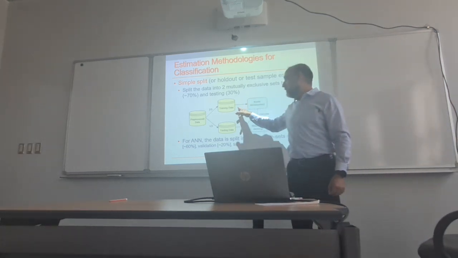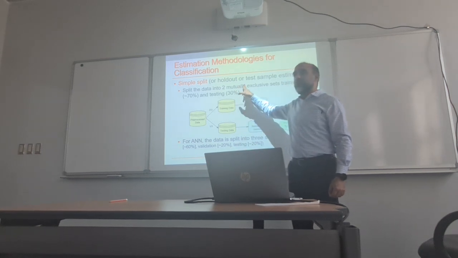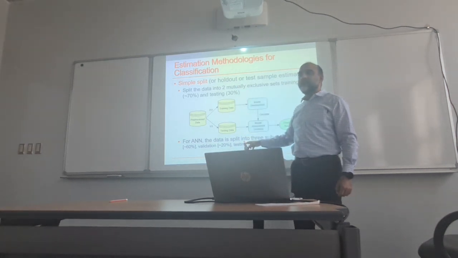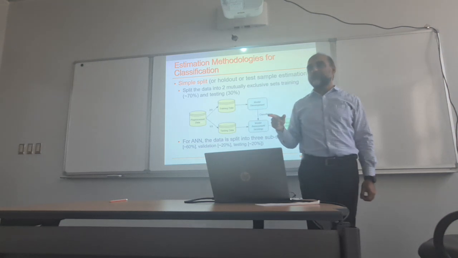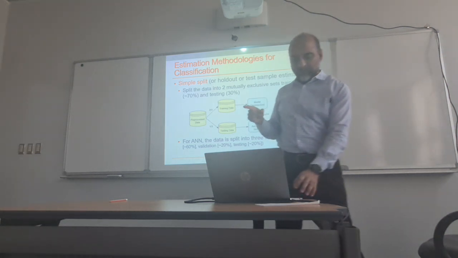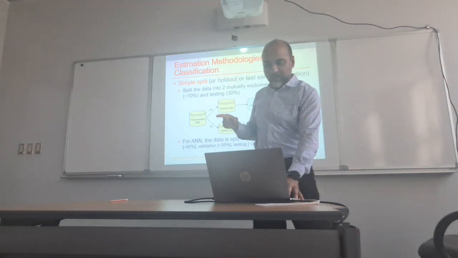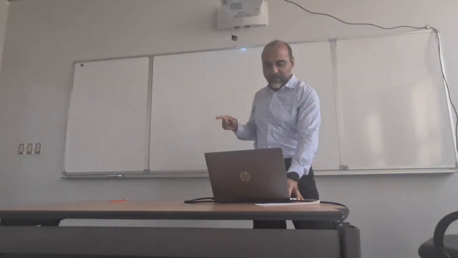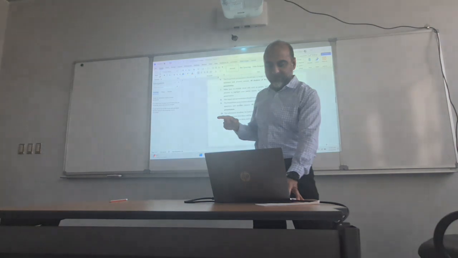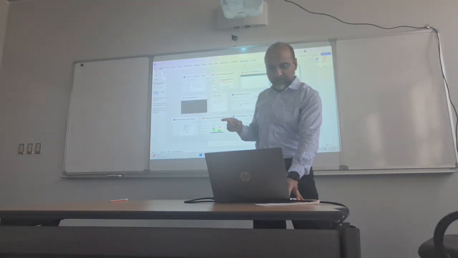If accuracy is high here, but it drops here, what is the problem you're facing? I showed you this example. The problem you are facing is, where is my browser?